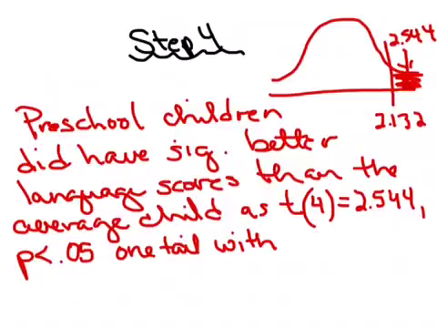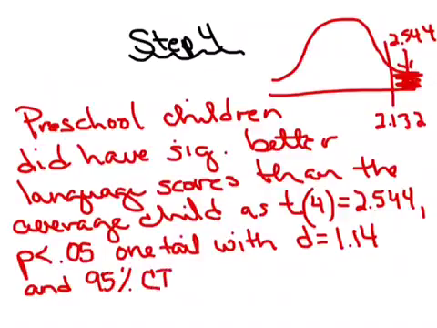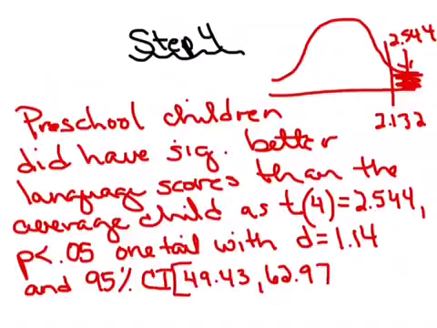You can report either one, but in this case I'm going to report Cohen's d, with Cohen's d equaling 1.14, and we calculated our 95% CI, and then in our brackets you put your lower boundary, 49.43, comma, and then your upper boundary, 62.97.